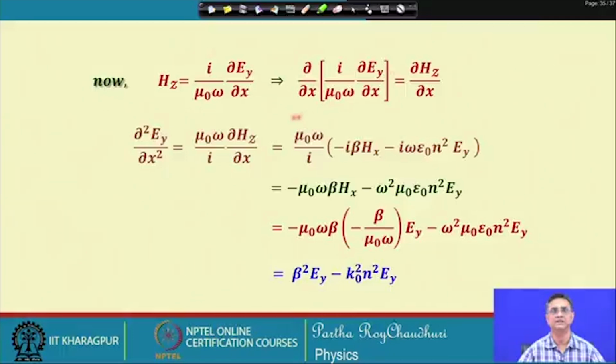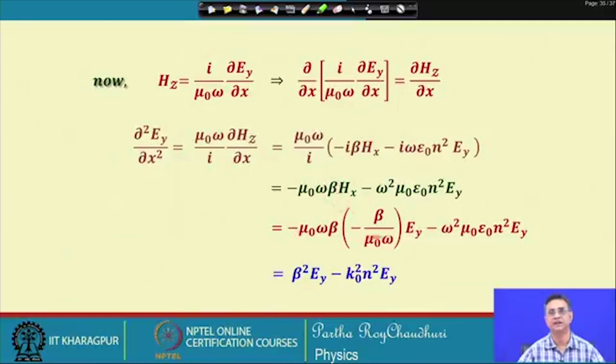Now, looking at this expression, this is one of the field expressions, one of the equations out of the 6 equations. If you rearrange this equation, and replace this Hz by a function with Ui, then you can write this equation as this. And again, because it involves Hx, I will have to replace this Hx by Ui again.